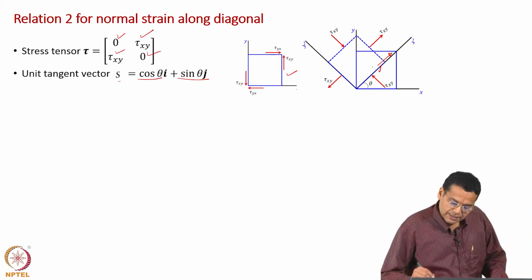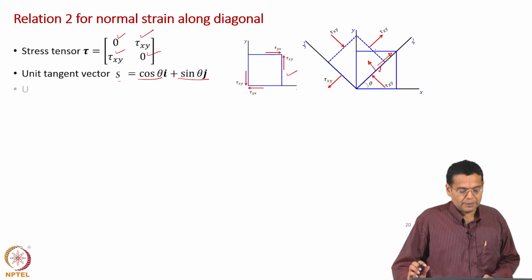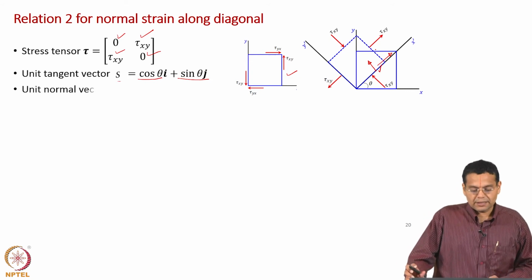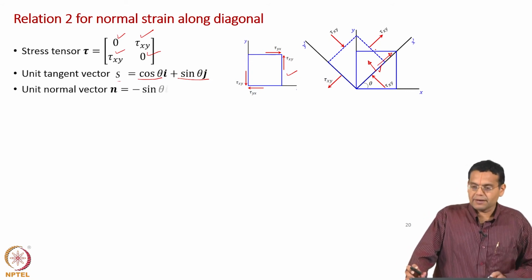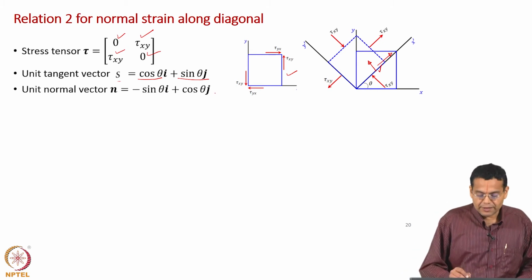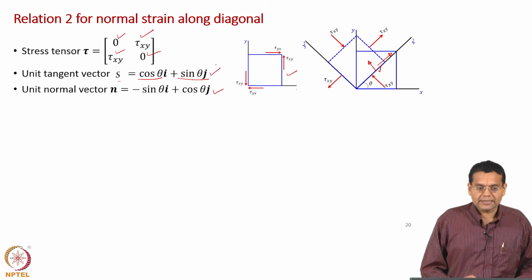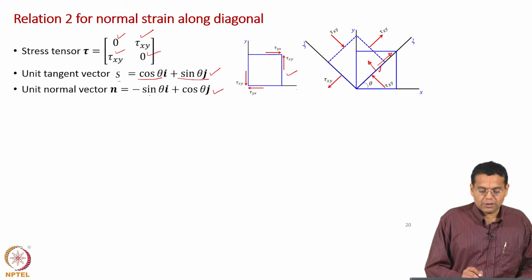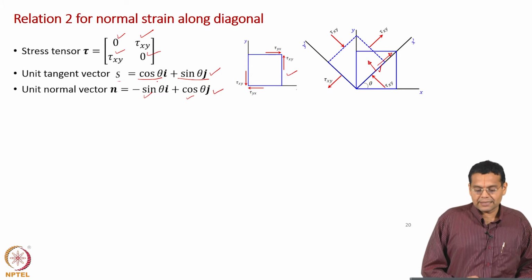Now, I consider a unit normal to the plane, which in our nomenclature is the n vector, and we know that this vector should be perpendicular to the tangent vector. So, the expression for this vector is minus sin theta i plus cos theta j, so that when you take the dot product, it becomes 0. If you simply take the dot product of n with s, you get minus cos theta sin theta plus cos theta sin theta, going to 0.